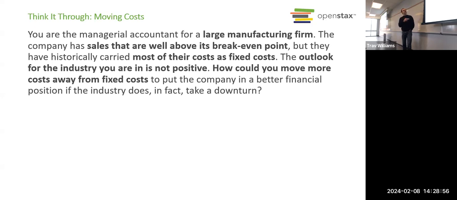What could we do to reduce our fixed costs so that we will decrease our risk and not have so much operating leverage? If we're expecting sales to go down, we know that having high fixed costs is a bad thing, right? So how can we then bring our fixed costs down and shift them to some variable costs, considering that we're a manufacturing company?